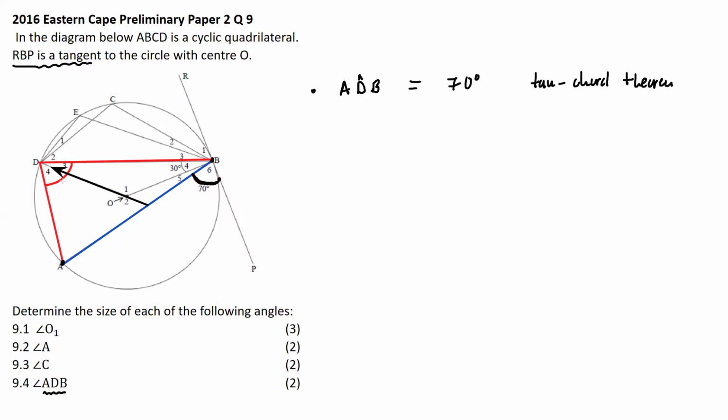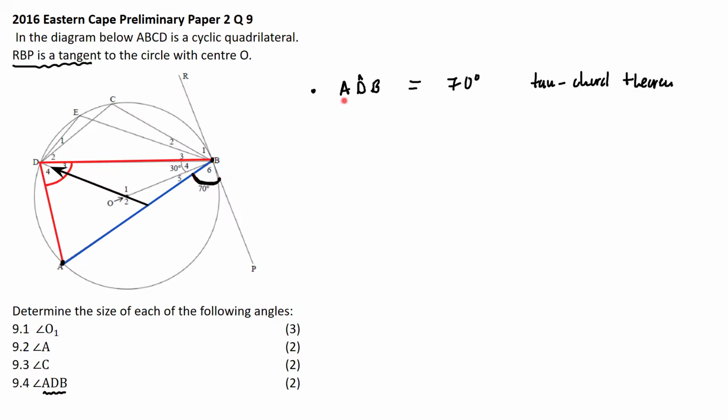AB subtends D3 and D4, which is just ADB. Again, angle drawn from the tangent touches the chord. I see that. The chord, who do you subtend at the circumference? I subtend D4, D3, so 70 degrees becomes equal to that.